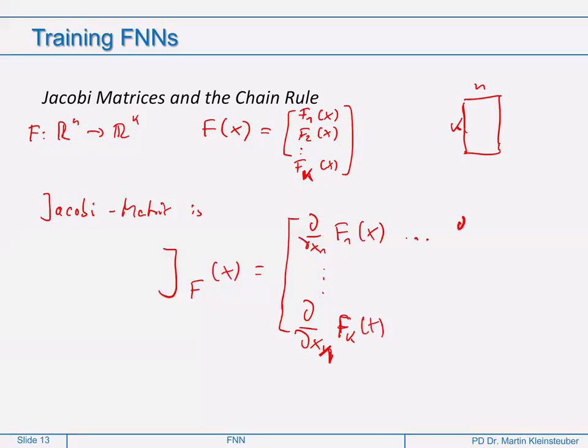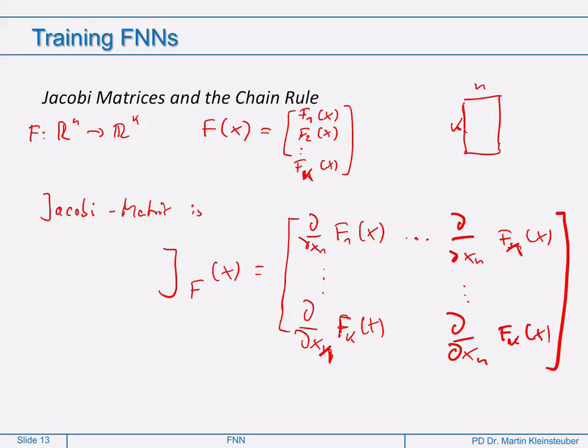Yeah. Gott sei Dank. Then dxn of f1 of x, sorry, this is the first one, and here we have dxn of fk of x.